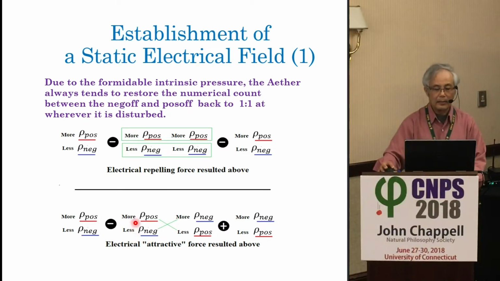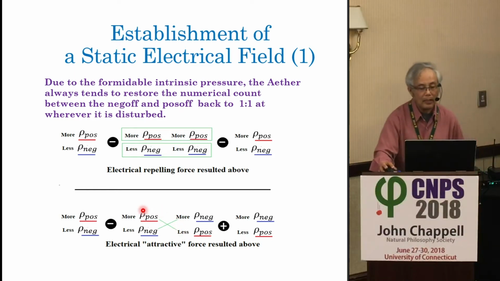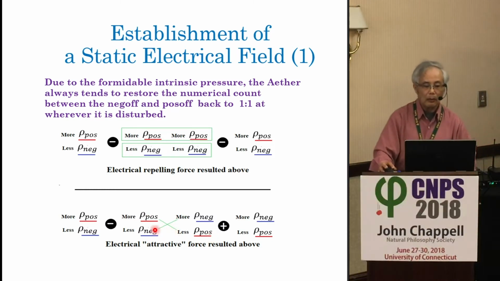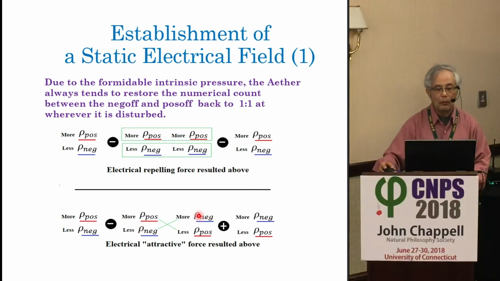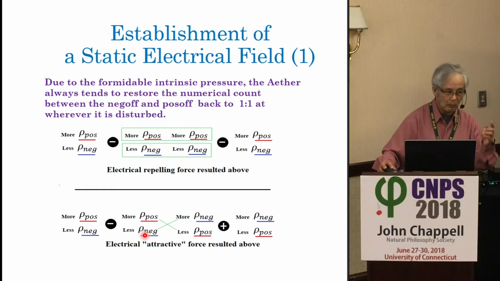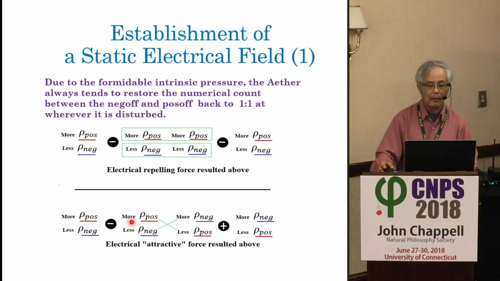So in between, more positive and less positive mix up, and also more negative and less negative mix up.